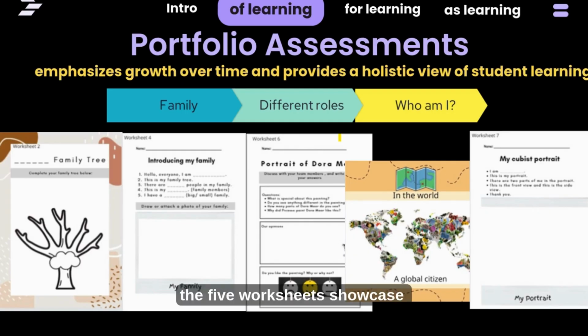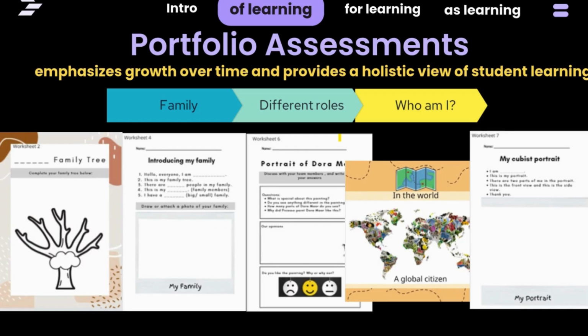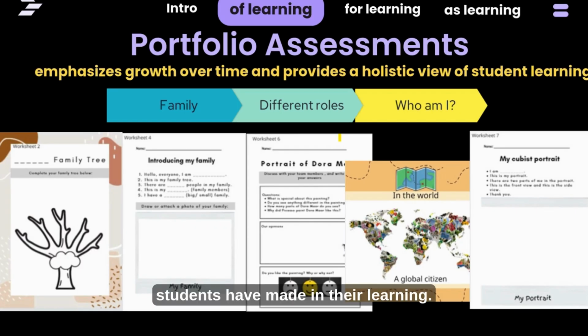In this slide, the 5 worksheets showcase the learning outcomes related to family education, and together, the collected records are able to illustrate the progress students have made in their learning.